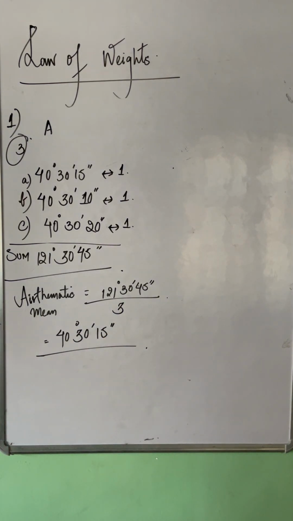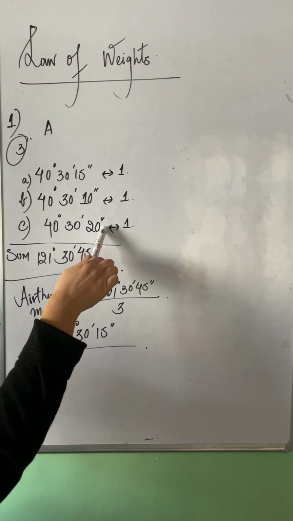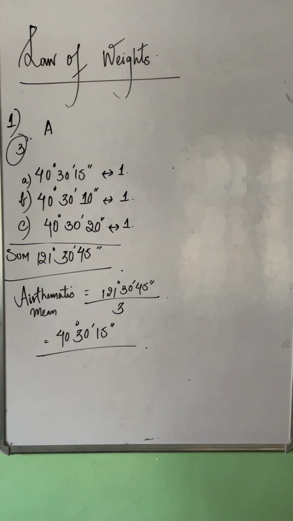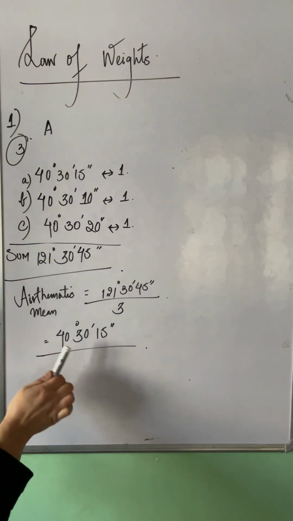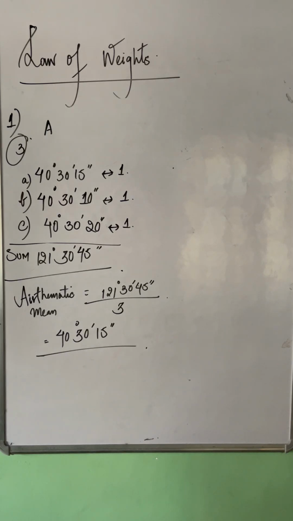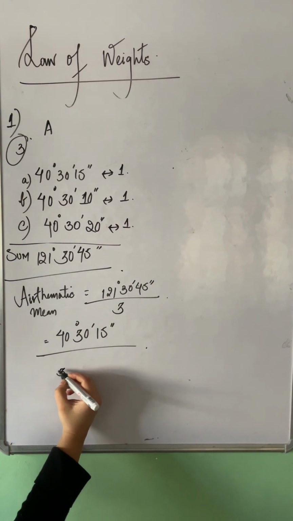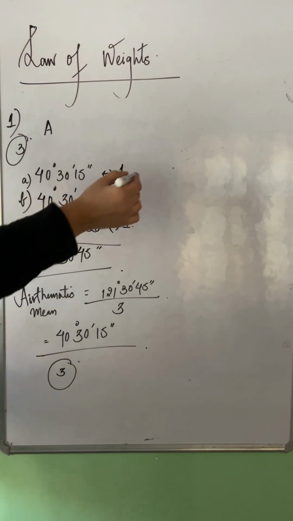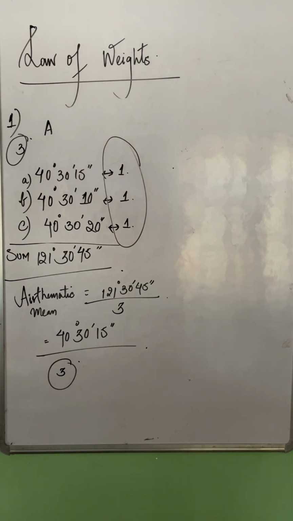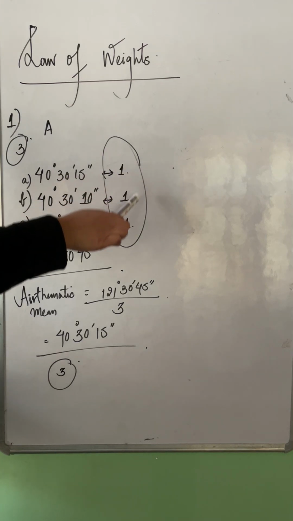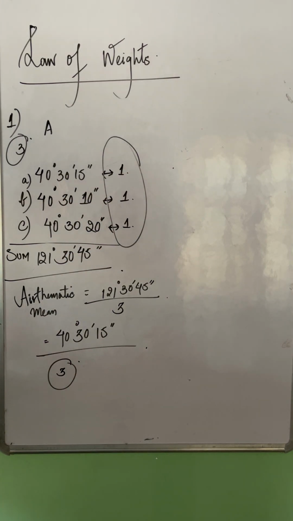These observations each had a weight of unity. Now we have the arithmetic mean, and this will have a weight of 3, the sum of all these. So this is the first law of weight, that the weight of the arithmetic mean of a number of observations, each having unit weight, is equivalent to the number of observations.